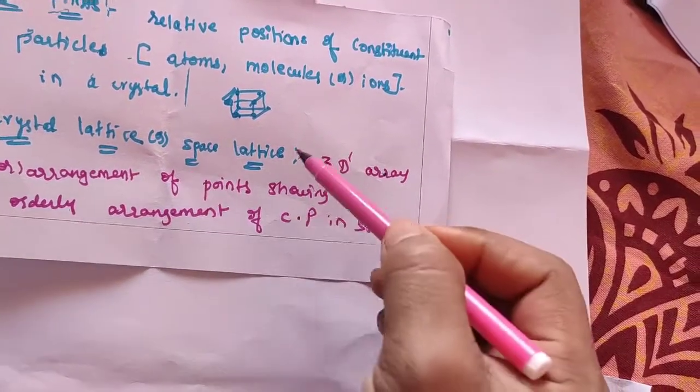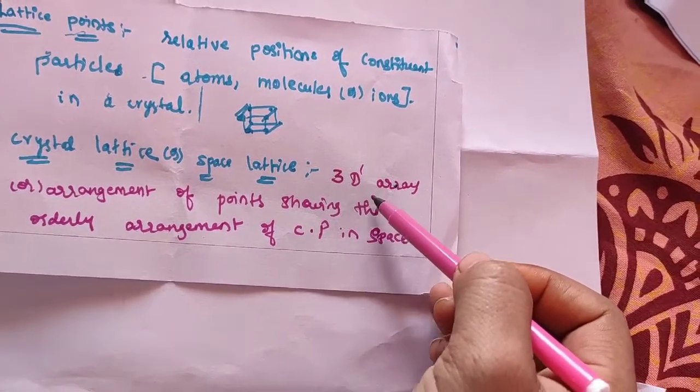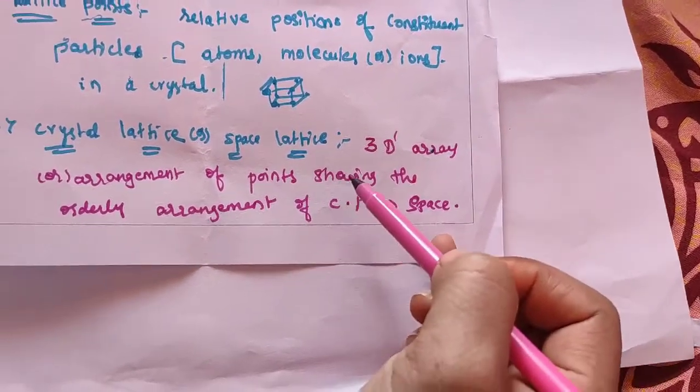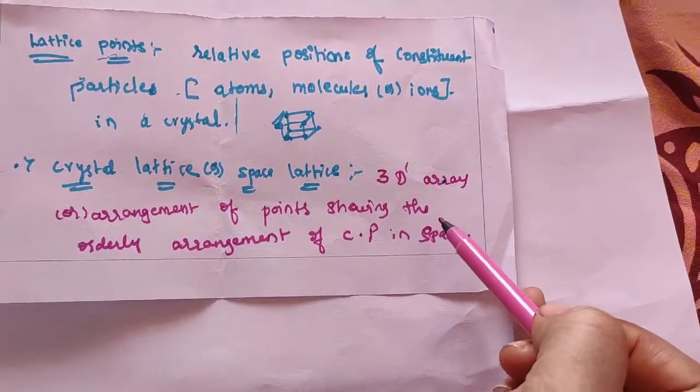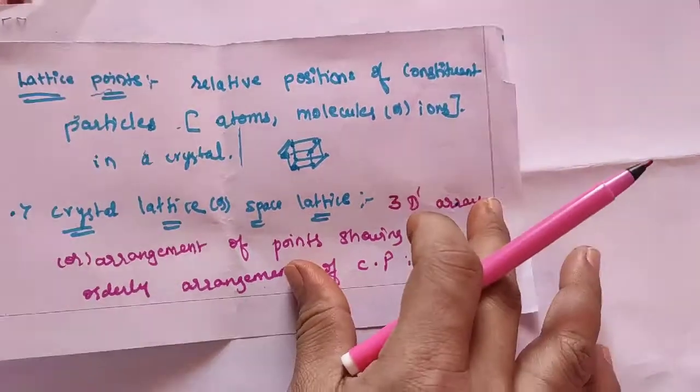So it is a regular three-dimensional array or arrangement of points showing the orderly arrangement of constituent particles in space.